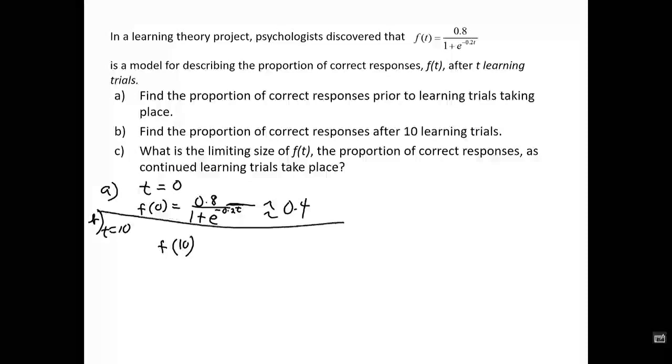So f of 10 is going to be 0.8 divided by 1 plus e to the minus 0.2 times 10. All right, and if you use your calculator here, this is just a division line. We get that this is approximately 0.7. So to answer the question, the proportion of correct responses after 10 learning trials was 0.7.